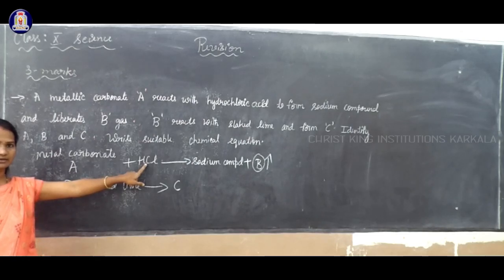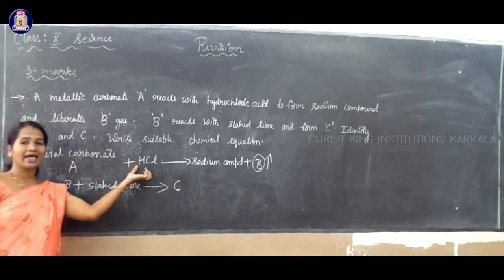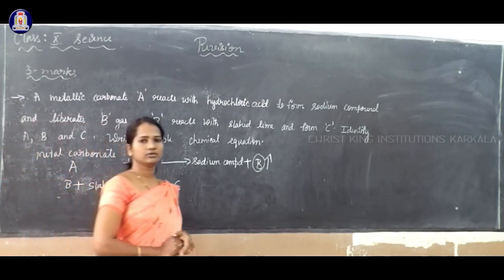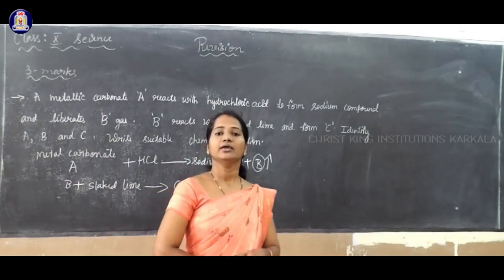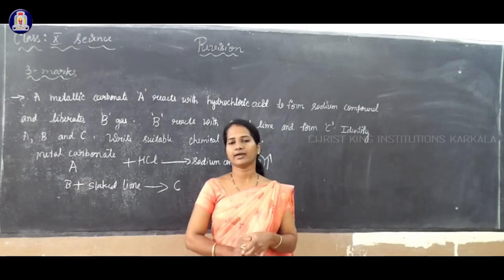Hydrochloric acid reacts with the metal carbonate. Reaction of acid with metal carbonates and metal hydrogen carbonates we have studied in the chemical properties of acids and bases.